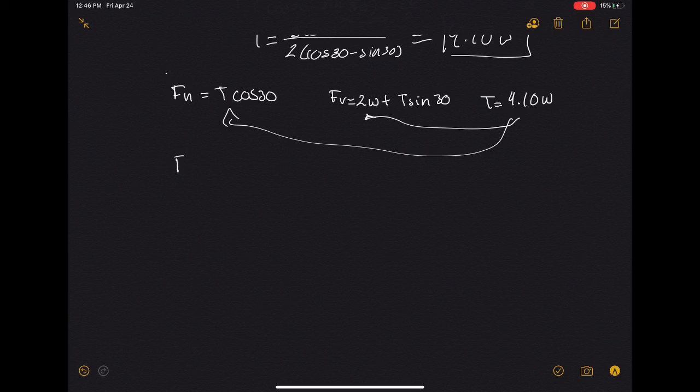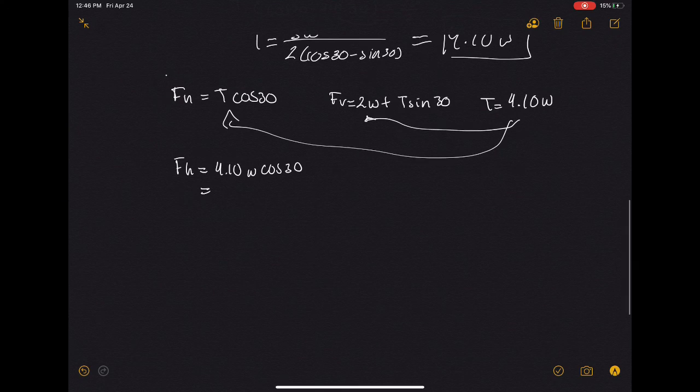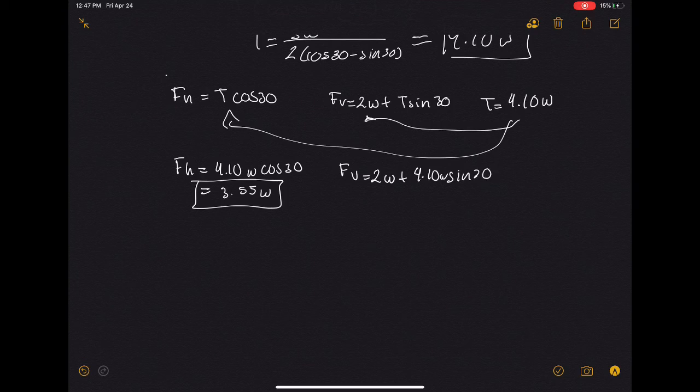For the force in the horizontal direction, we have 4.10 W cosine 30, and that's going to give us 3.55 W. And for the force in the vertical direction, it's going to give us 2W plus 4.10 W sine of 30, and that's going to give us 4.05 W.